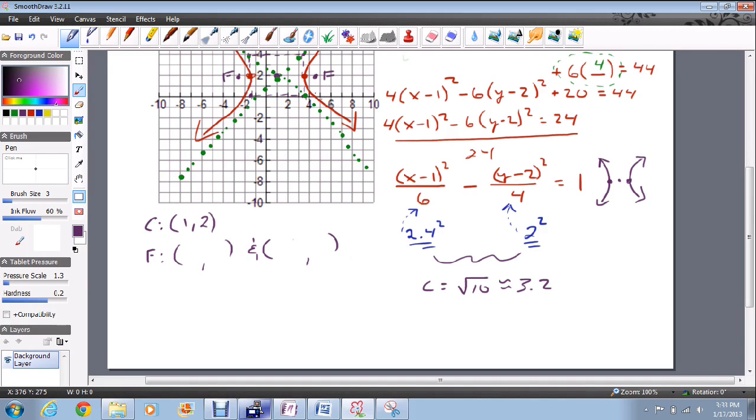It looks like this x value right here is about 4.2, and we went up 2. And this point over here is negative 2.2. And it looks like we went up again 2.